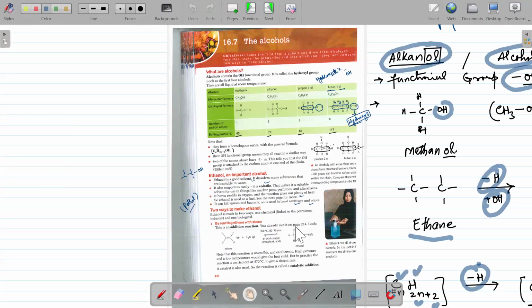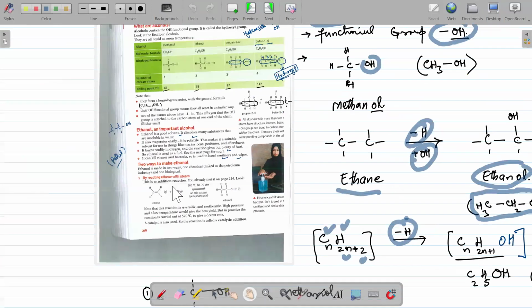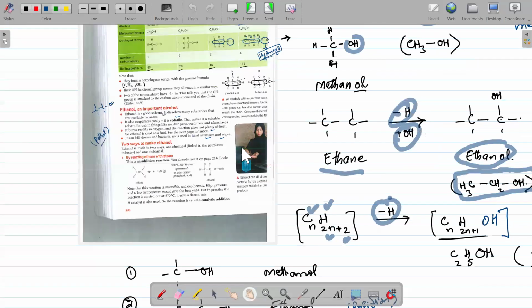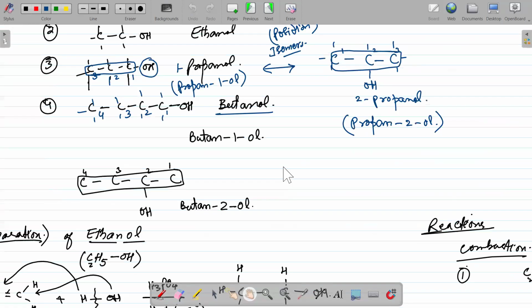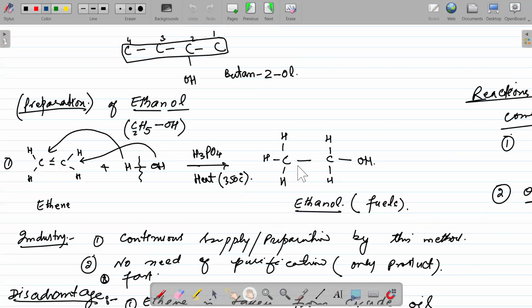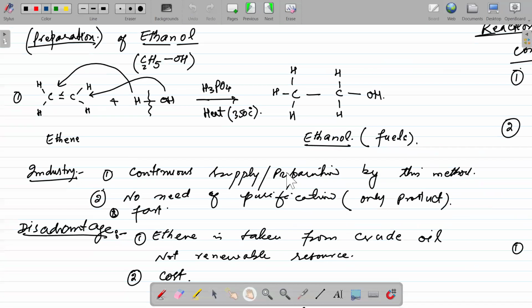So this is a method which we can use for the preparation of alcohol on an industrial scale. Definitely this reaction has some advantages and some disadvantages.